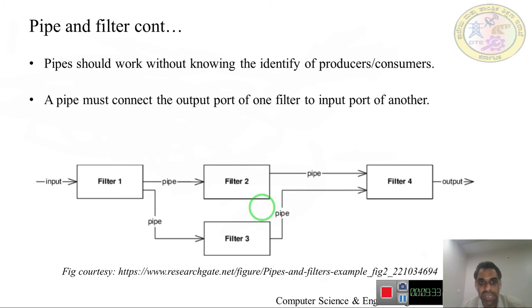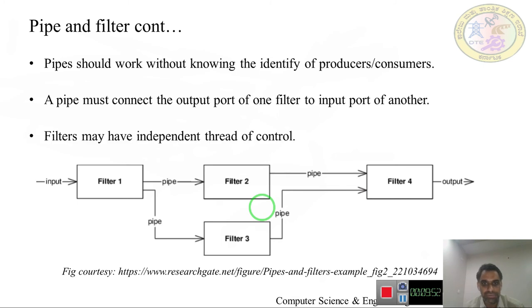A pipe must connect the output port of one filter to the input port of another filter. So filter is a component and pipe is a connector. Then filters may have an independent thread of control. Why? Because it is a separate component which will have an independent thread of control.